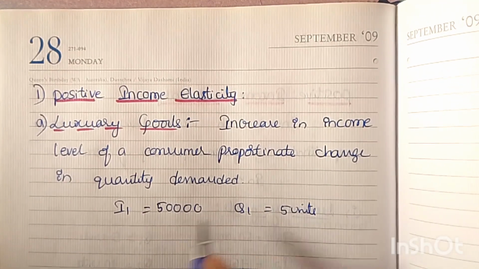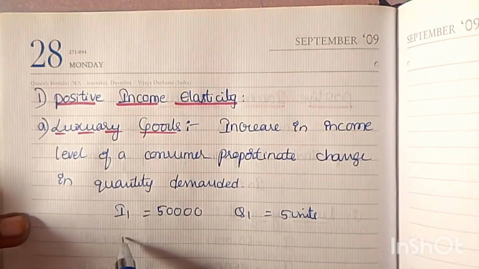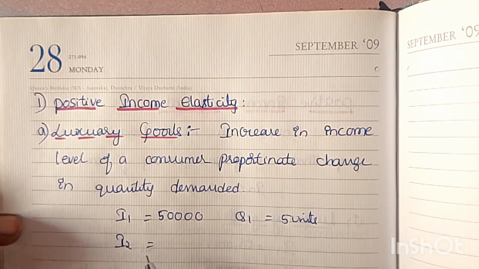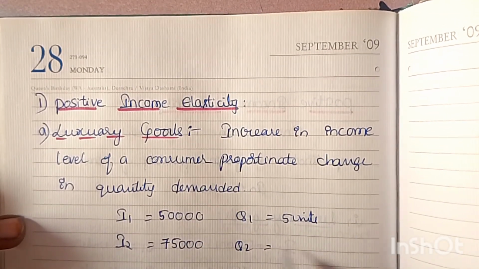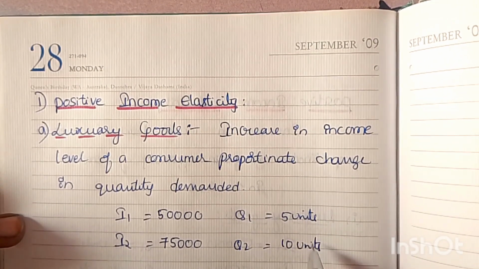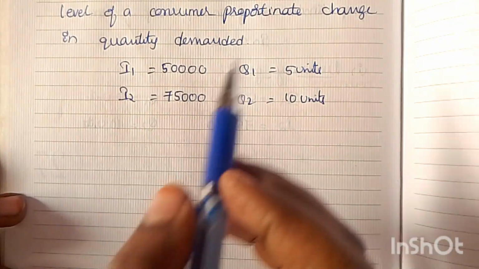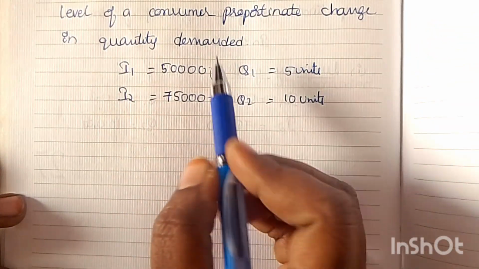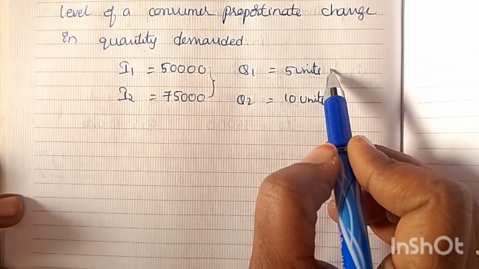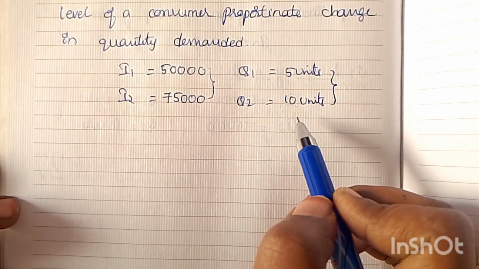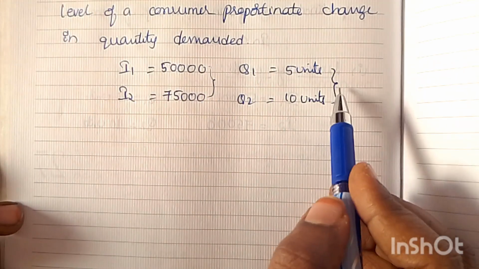If the income increases to 75,000, then the quantity demanded for the particular product also increases, to 10 units. So here income increases from 50,000 to 75,000, and the quantity increases from 5 units to 10 units. Here the change in income is proportionate to the change in quantity demanded.